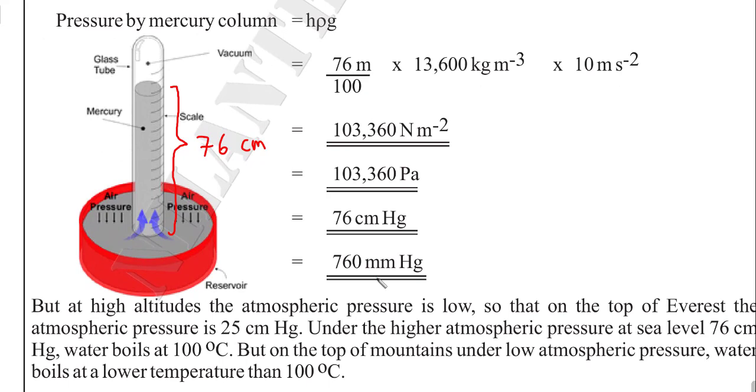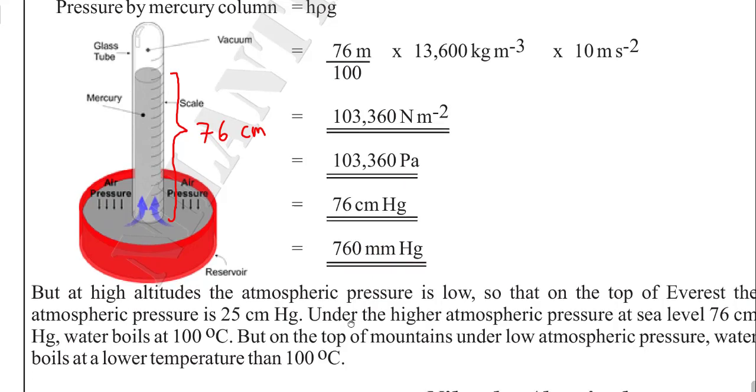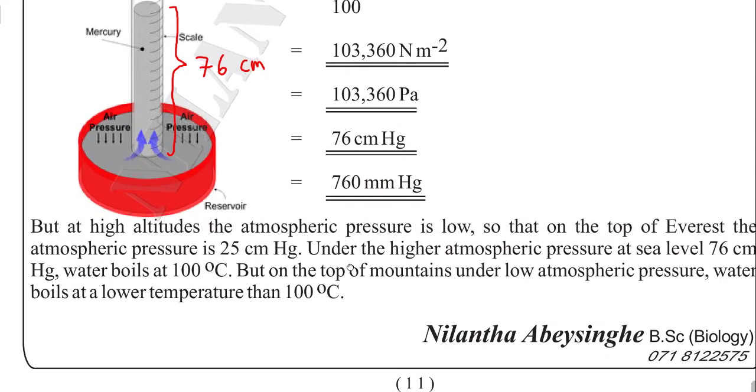We measure it, and 76 centimeters, to convert it, because the pressure by this mercury column is due to the atmospheric pressure we get there. Then we get this value, 760 mercury millimeters. Right? We can tell.